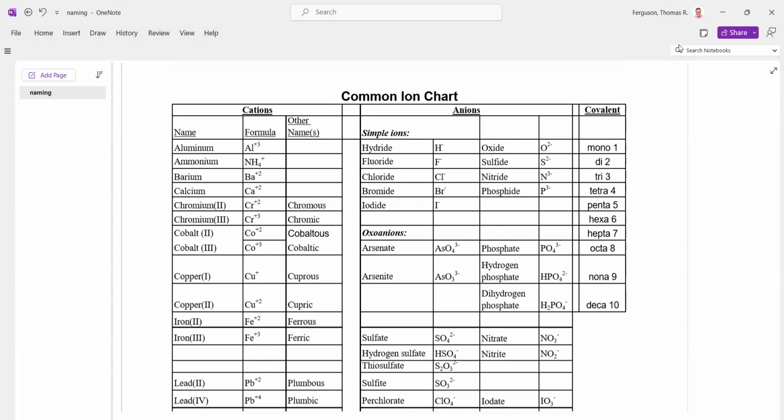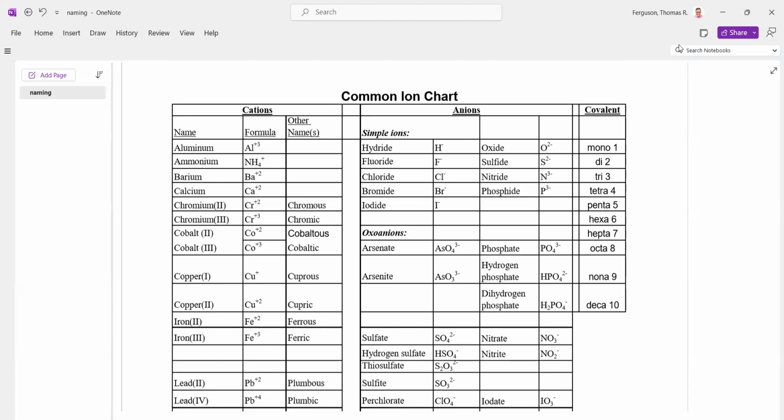Now, there's two ways to figure out what an ionic compound is. One group says it's a metal and a nonmetal. So remembering from the periodic table, the nonmetals are to the right of the metalloids up here. These are metalloids along the squiggly line, and then all the rest are metals.